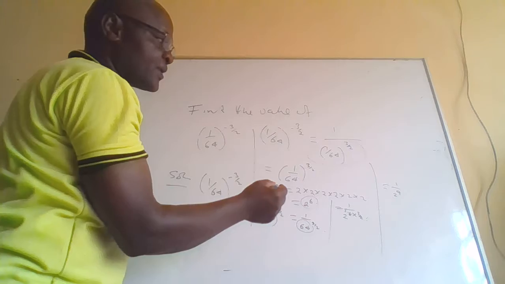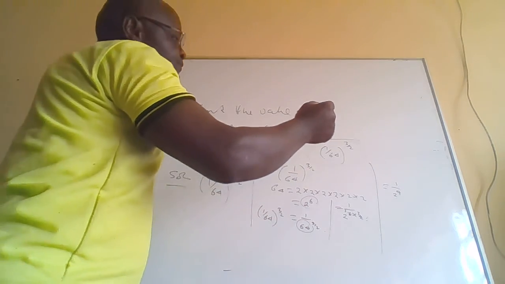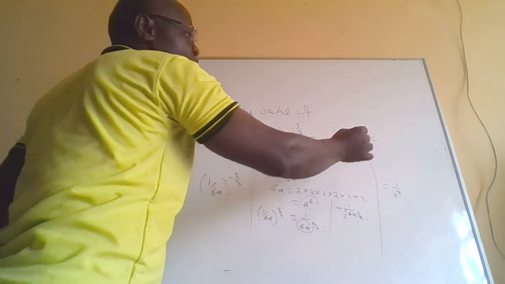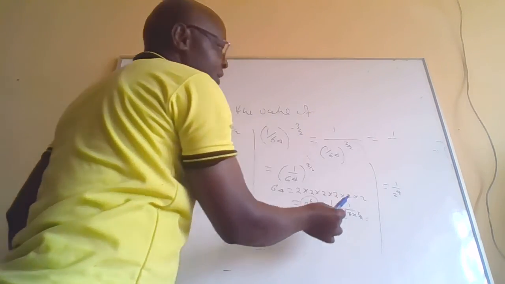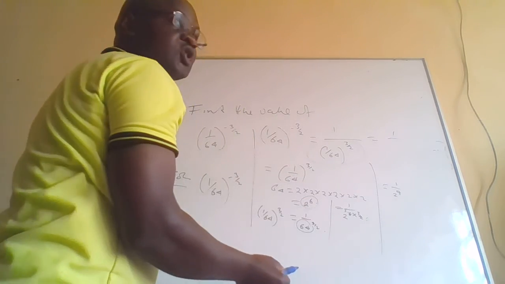Now, remember we have this numerator. The numerator we had is 1. Therefore, this equation is now 1 all over the denominator, which has reduced to 1 all over 2 raised to 9.